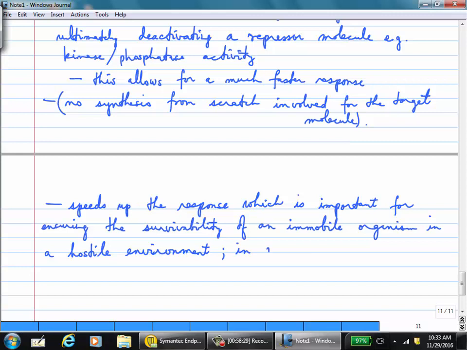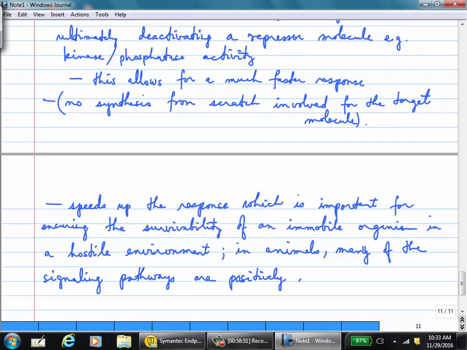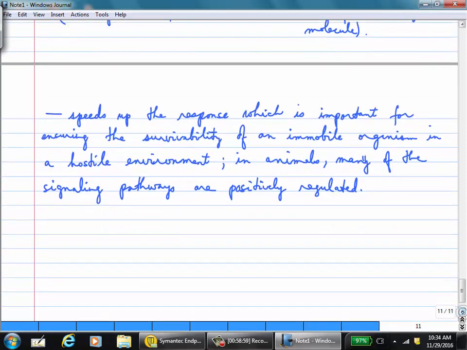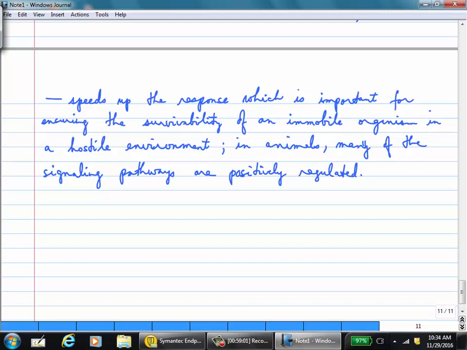In animals, many of the signaling pathways are positively regulated. And I give you just one example, because for each of these hormones you'll have a different pathway.